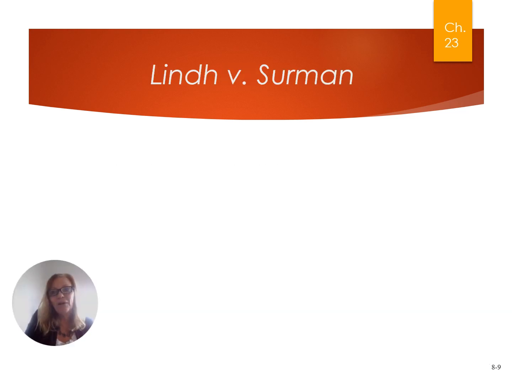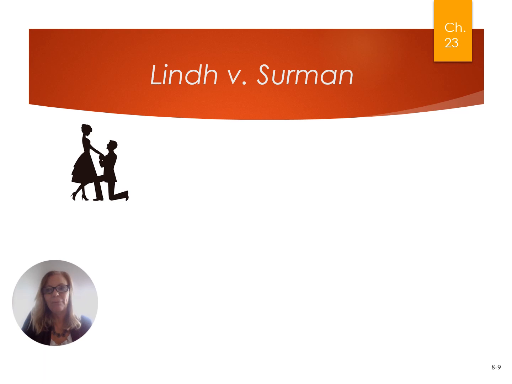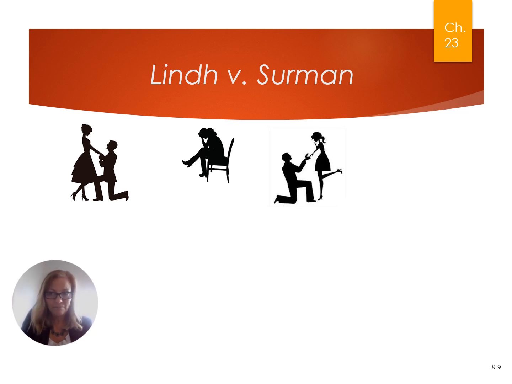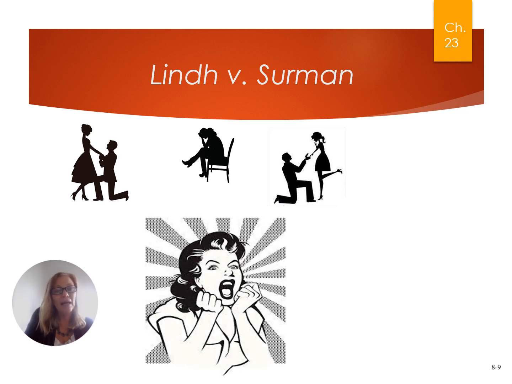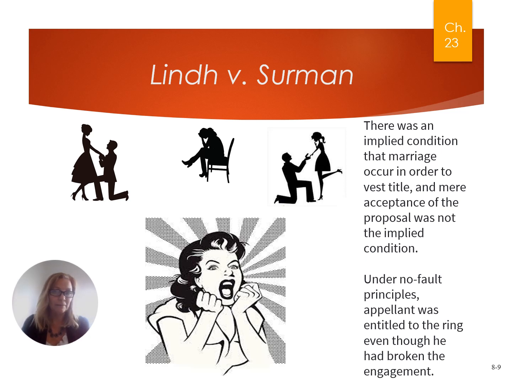So let's talk about engagement. In Lindh, he proposed and broke off the engagement after that, so she gave back the ring. He proposed again and gave her the ring again, but he broke it off again. And this time she said, I'm not giving you your ring back.